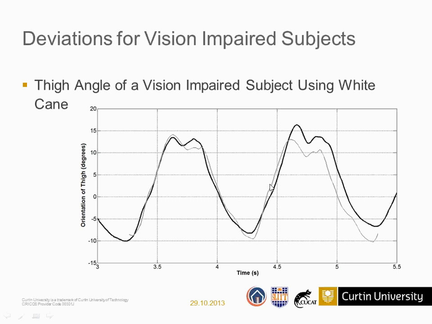They look more or less the same, but at some point, as you can see there, this gradient change is not observed there, neither in here as well. But still, the main shape, apart from those gradient changes, the main shape of the thigh angle remains almost unchanged.